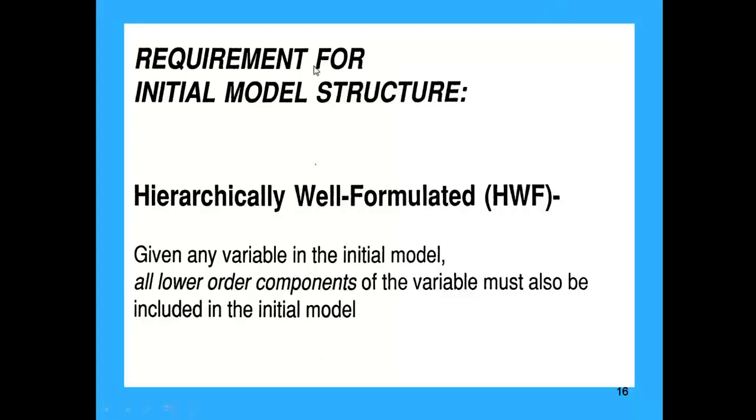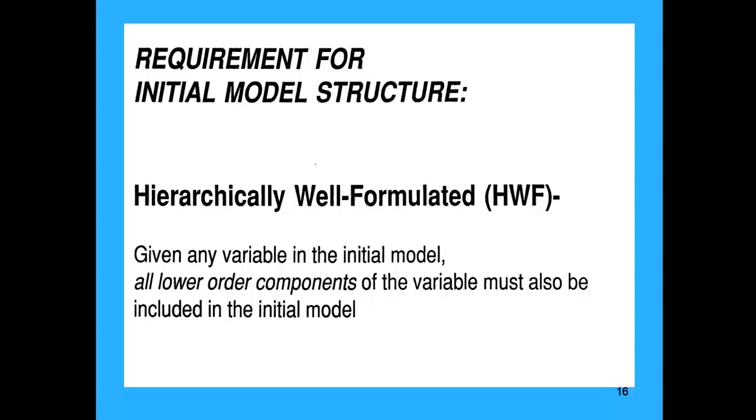And this requirement has to do with when you specify that initial model, when you write down what's in that initial model, the E, and right now I'm only considering one E, V's, and EV's in the model. There's a rule. The model has to be what's called HWF, hierarchically well formulated. Have you heard that term? Did Eli mention it? Anybody mention it?